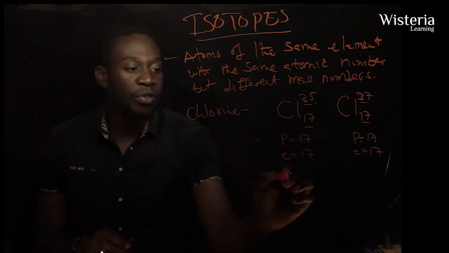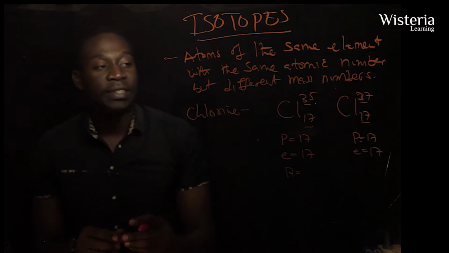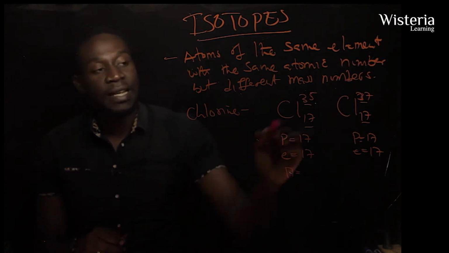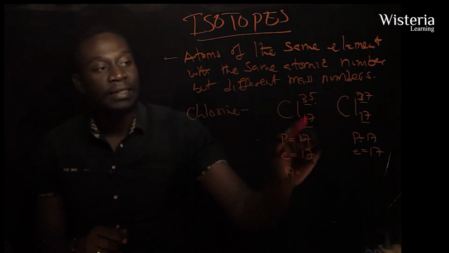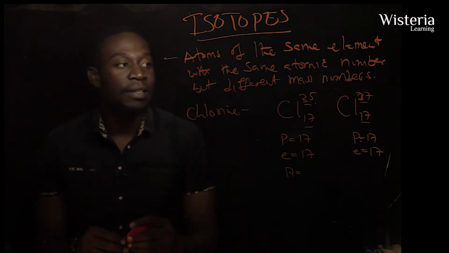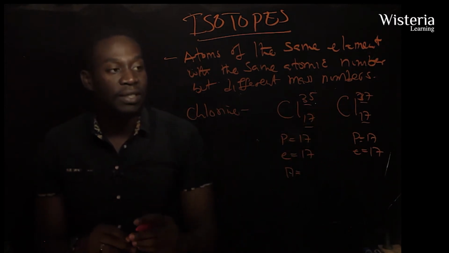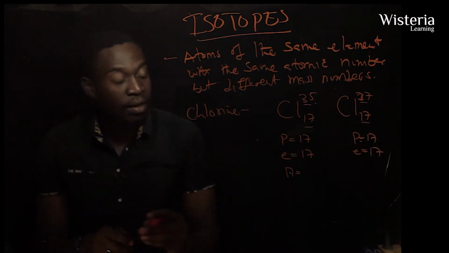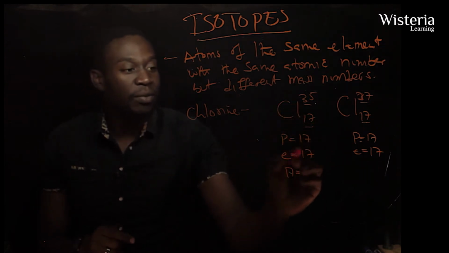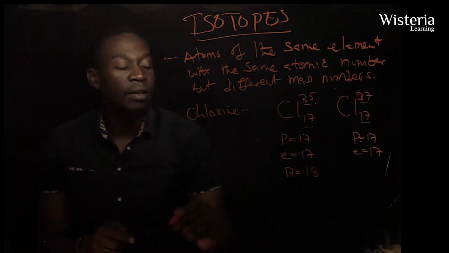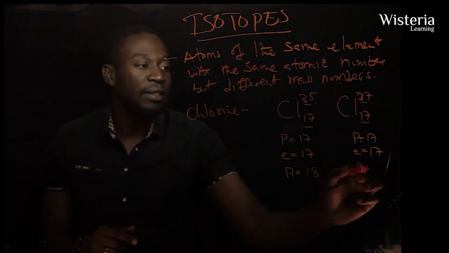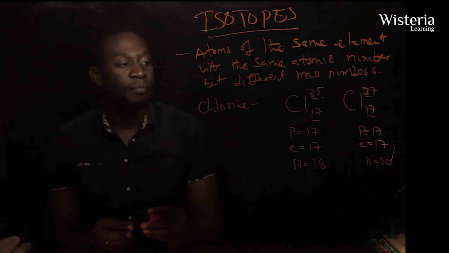Then the number of neutrons, in the previous lesson, we said we subtract the mass number minus the atomic number. Even this one, we do the same. So for this one, I've got 18 neutrons, and here I've got 20 neutrons.